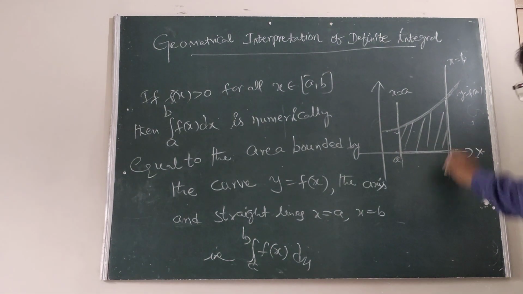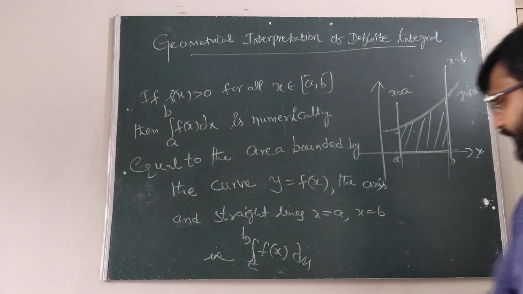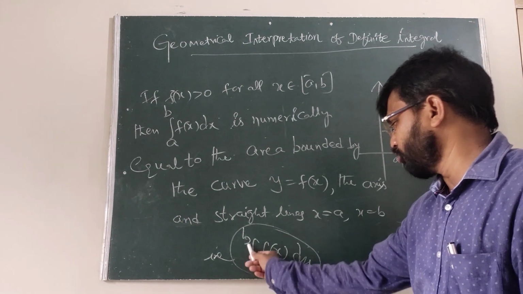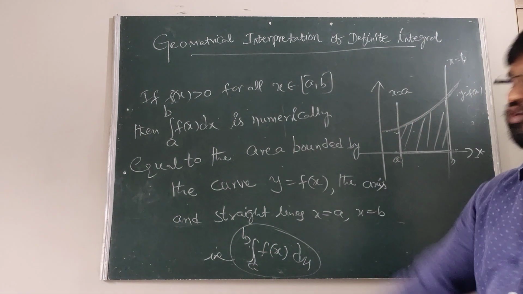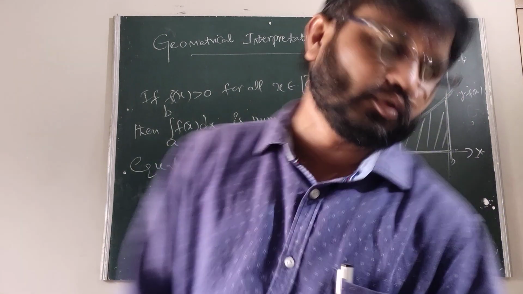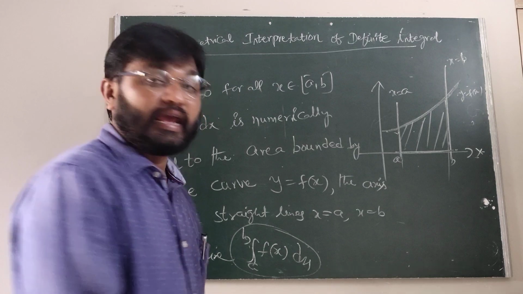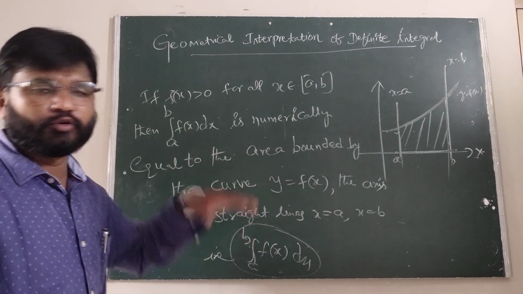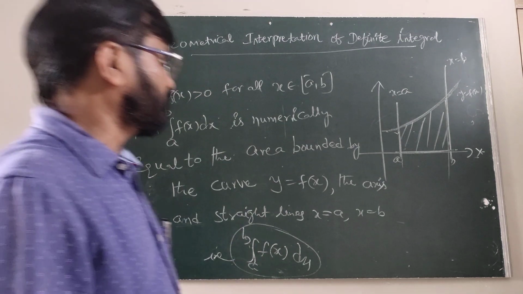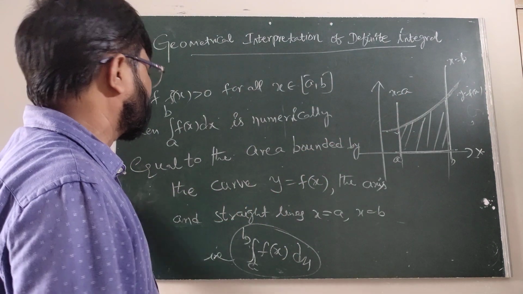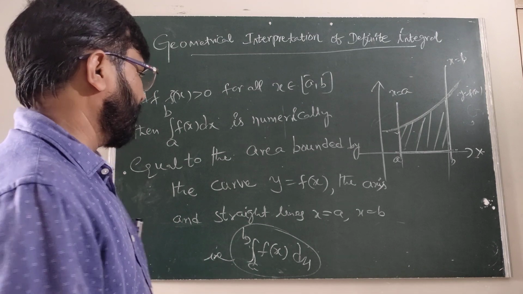Therefore, all of you listen here, the integral a to b f of x dx is numerically equal to the area bounded by the curve y equal to f of x, the straight lines x equal to a and x equal to b, and the x-axis.